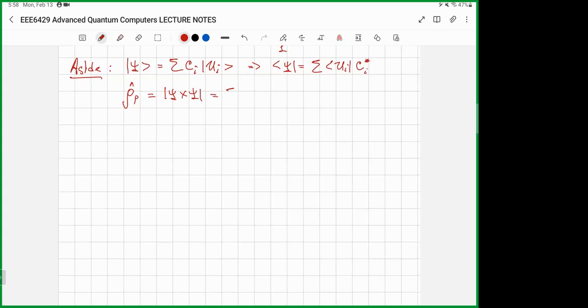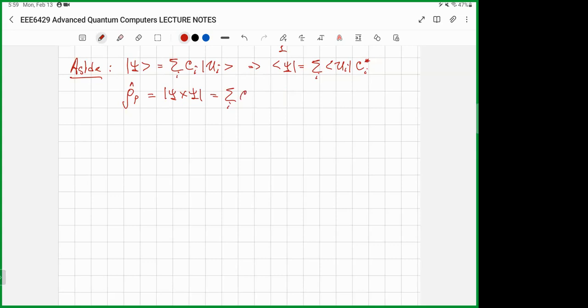What do we get? We get this sum. This is I, this is I. So it will be the sum over I. Then this bra vector I, then C I. No, completely wrong. I have to first start with this one.